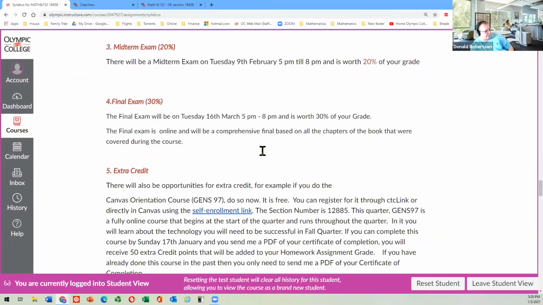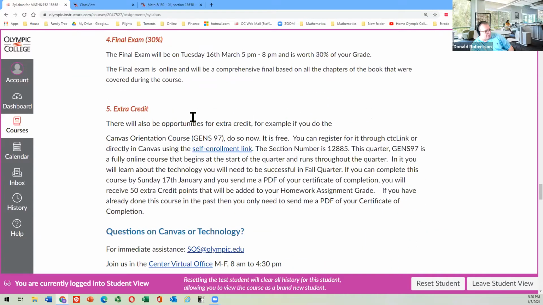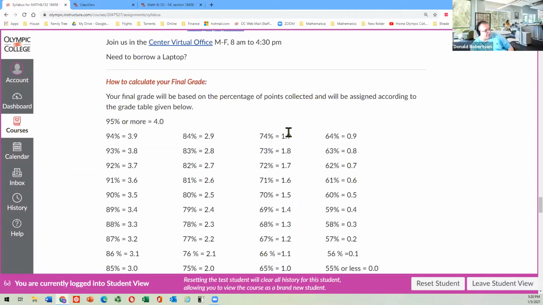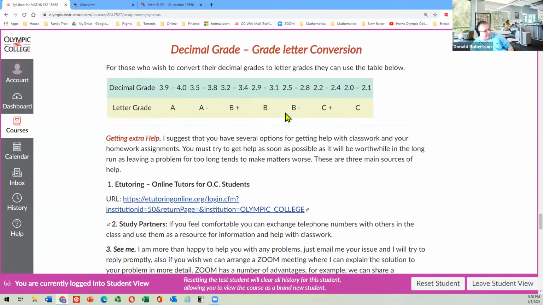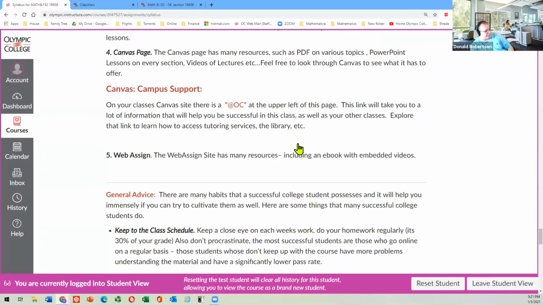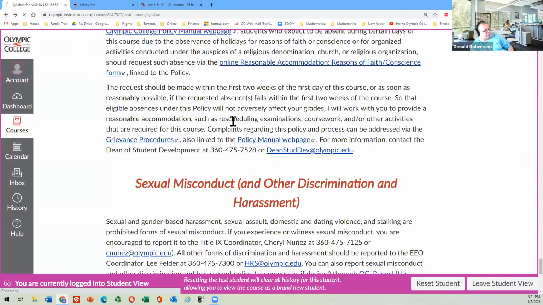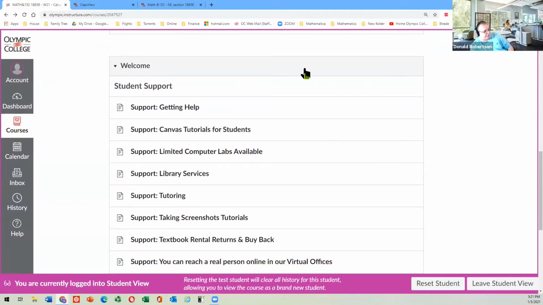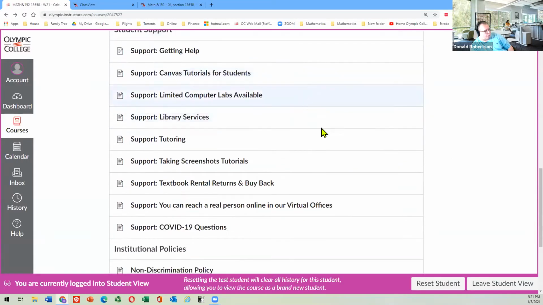So that's a little more detail on the kinds of things you have, and some links to places that might help if you have technical issues or whatever. And e-tutoring, very important. There's a link to that. Now, this third link called Welcome is provided by the college, and they give you lots of help on almost anything.